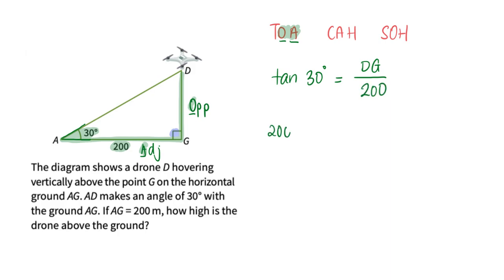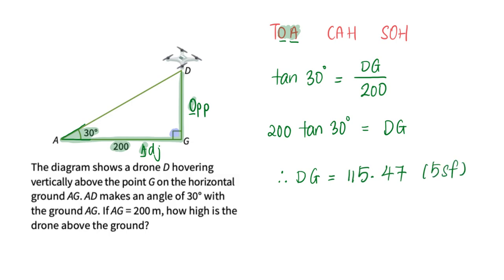Multiplying 200 on both sides, that will lead us to find the value of DG. Therefore, DG is equal to 115.47 to 5 significant figures, followed by the 3 significant figure answer, 115 meter.